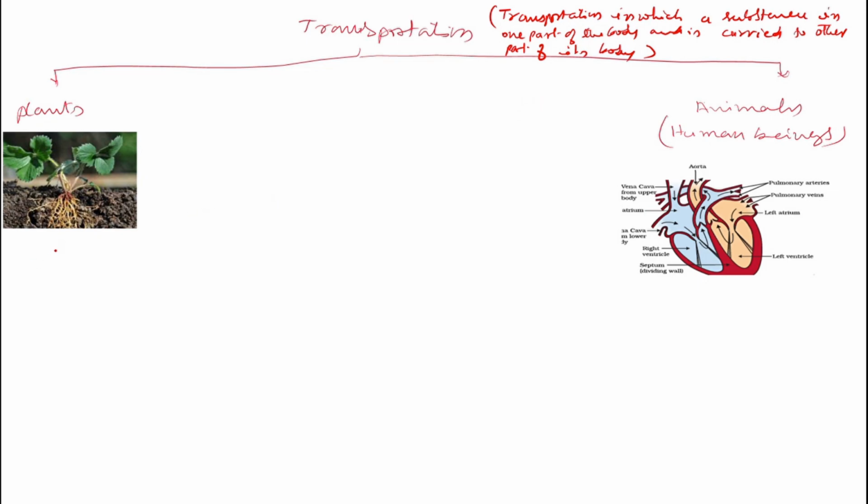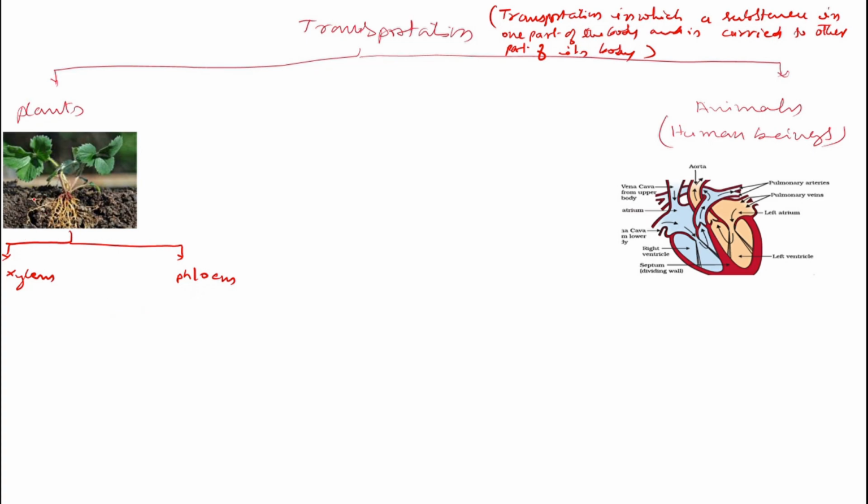Here two types of tissue we can see in plants. One is xylem tissue and the second one is phloem tissue. What is the function of this xylem tissue?